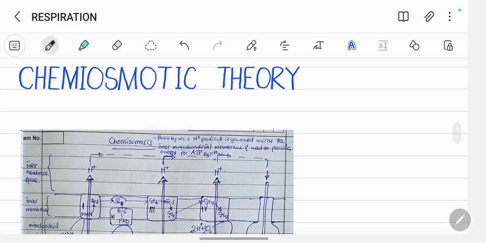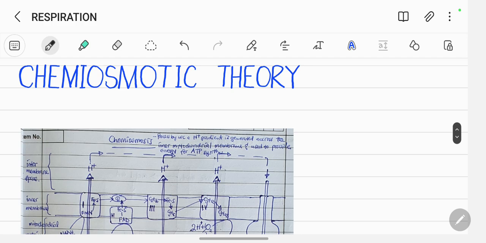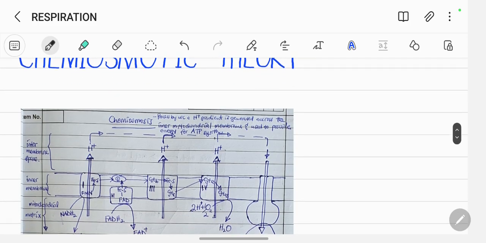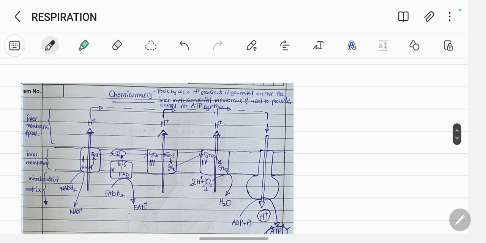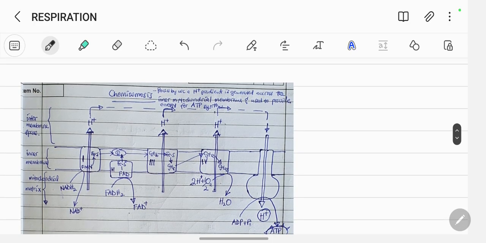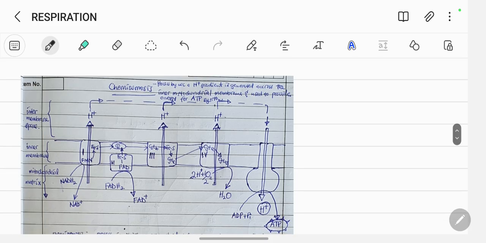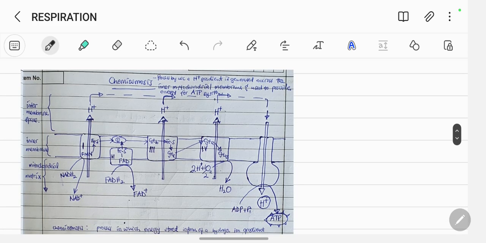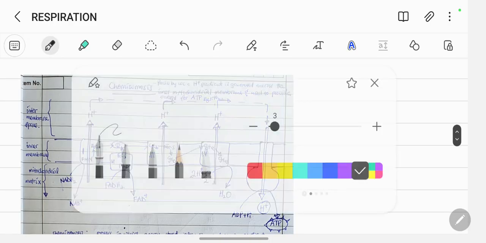So I'm moving on to the chemiosmotic theory or chemiosmosis. This one is going to deal specifically with hydrogen ion pumping. We are seeing the relationship between hydrogen ions, ATP production, and the electron transport system. All those factors have to be resolved here.